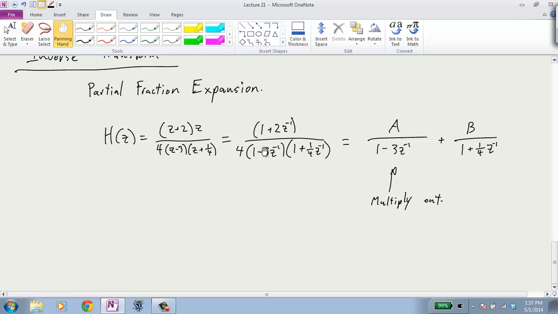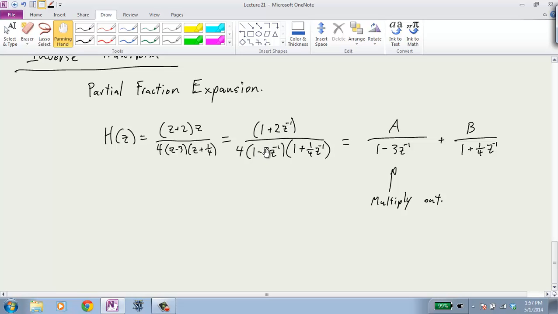I can cover it up in this fraction, like I'm temporarily deleting it. And then I plug in the value for z inverse that would have made this term 0. The value for z inverse that would make that term 0 would be 1/3. So I plug in 1/3 for all the other places where there's a z inverse.